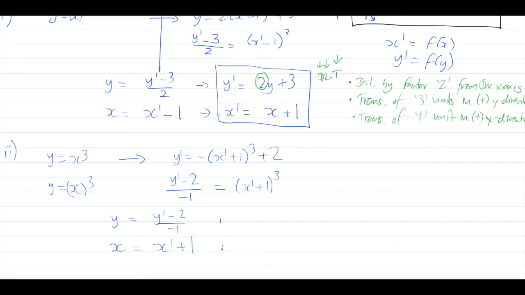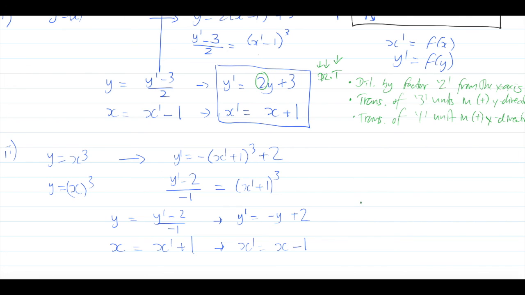So in this case, if we make y dash and x dash the subject so that we can then find out the transformation, then all we need to do is just rearrange, and we get new y being negative y plus 2, and then on this side we have new x being x minus 1.